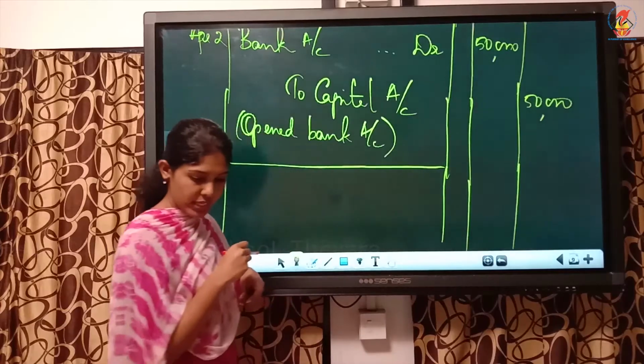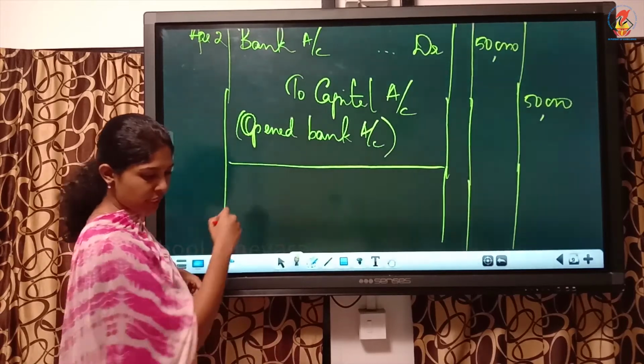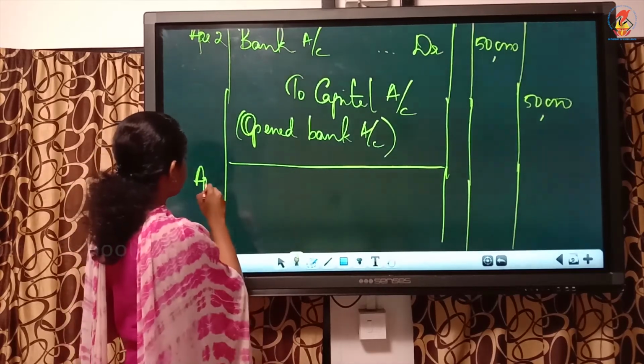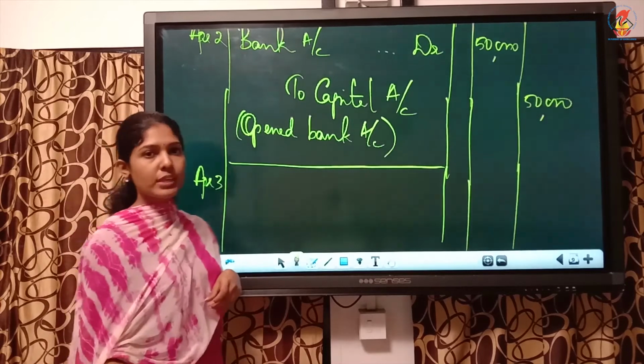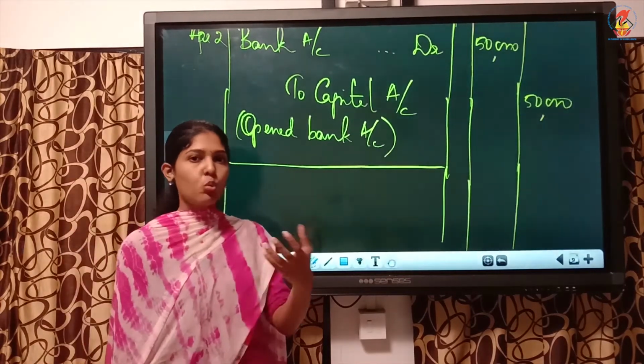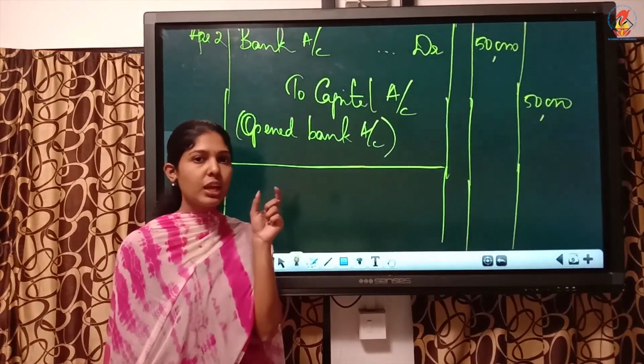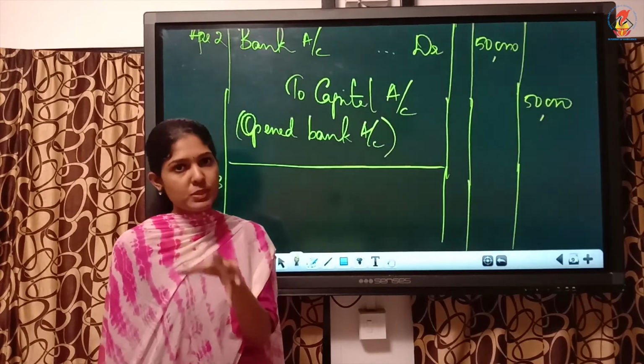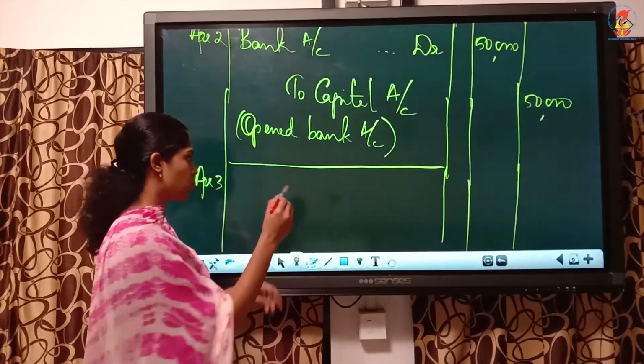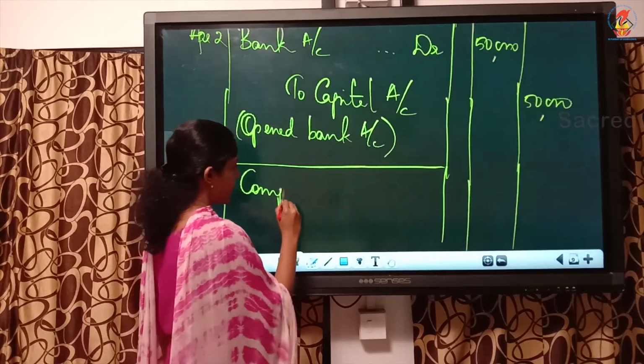The next one is April 3rd, purchased computer against cash. When you purchase a computer, can we write purchases account? No, you must specify the asset's name. So what comes into the business is computer.